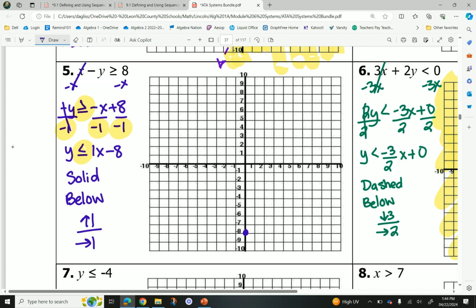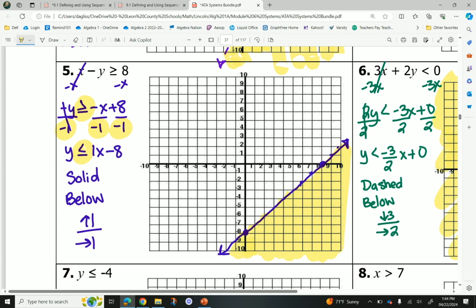Fun fact, that means it's also going to cross over at 8 over here. Did you know that little shortcut? If your slope is 1, those are the same number. Up 1 over 1. It is a solid line. There we go. Find that y-intercept and go below. So it's going to be this bottom corner.